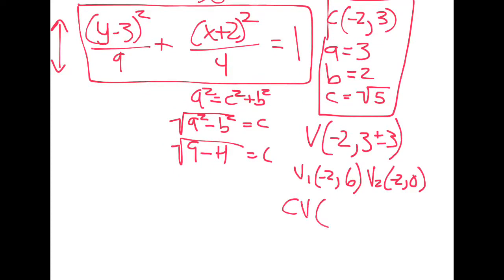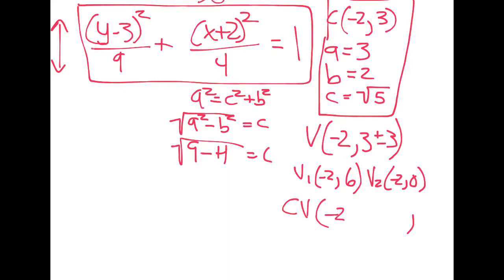What about my co-vertices? Well, my co-vertices will again occur out from the center, but this time horizontally along the minor axis. How far out will they be? Well, they will be out b, which is 2. But notice now this will be horizontal, and so my x value will change.